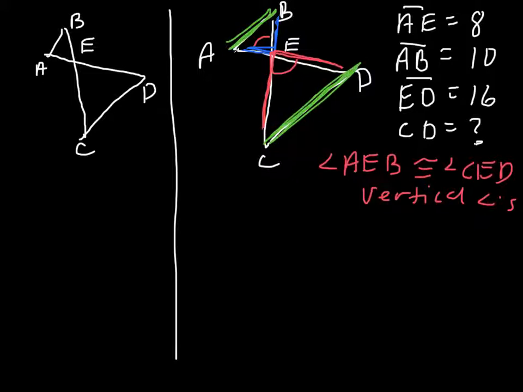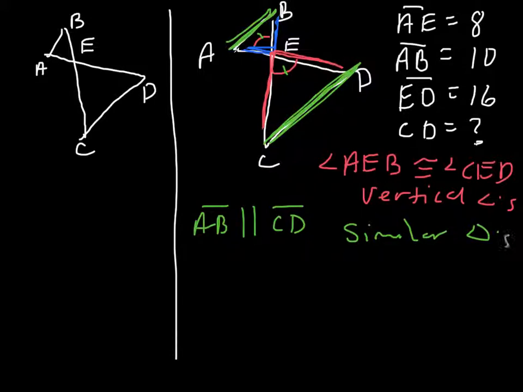So if line AB is parallel to line CD, and these two angles are congruent because they're vertical angles, that means that these two triangles are similar triangles. Okay, these are similar triangles. And again, if they're similar triangles, that means we can write a proportion for them. All right? So I'm going to go ahead and write a proportion here for this one.